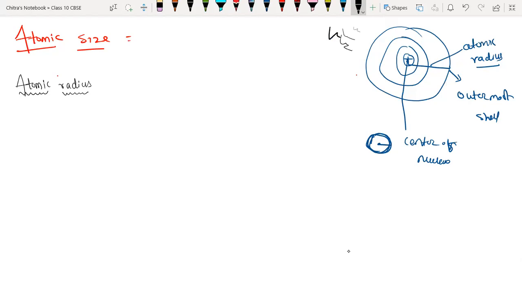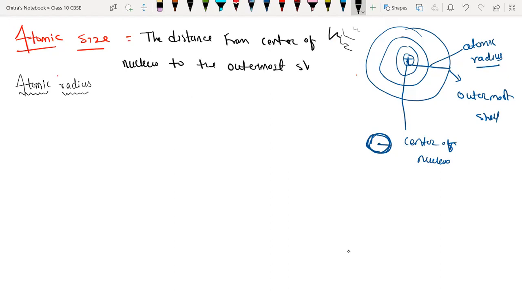So atomic radius is what? The distance from center of nucleus to the outermost shell of an atom.